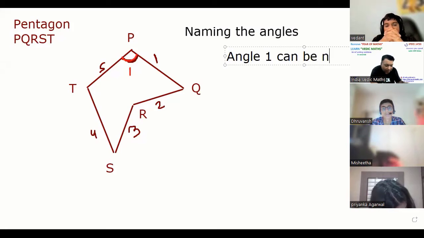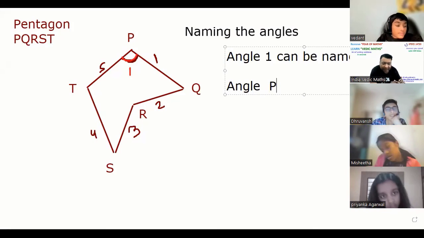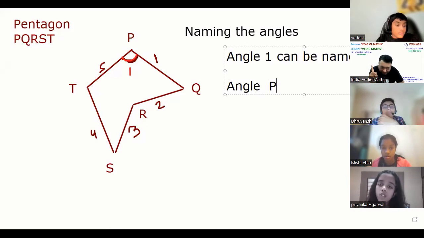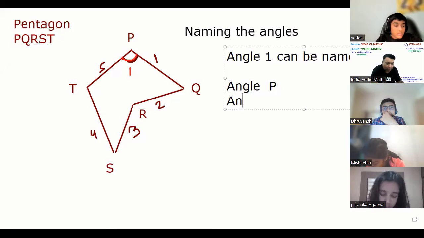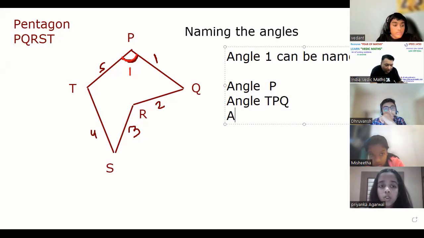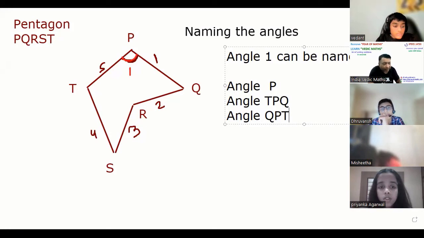can be named either angle P, if you're talking about the internal angle, or you can also say angle TPQ or angle QPT. Now understand what I'm trying to say. We are talking about this angle, right, Naja?